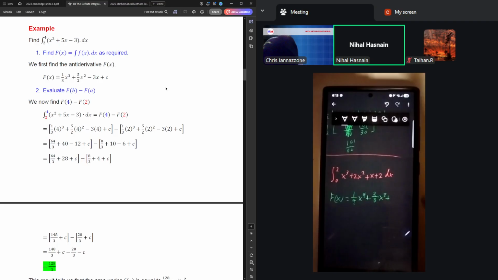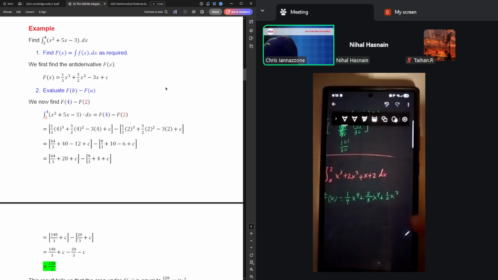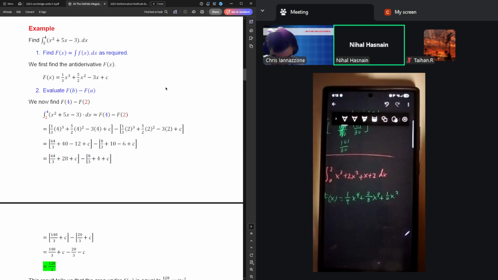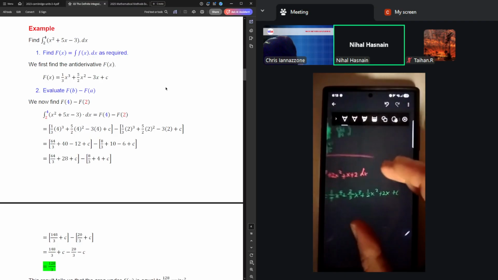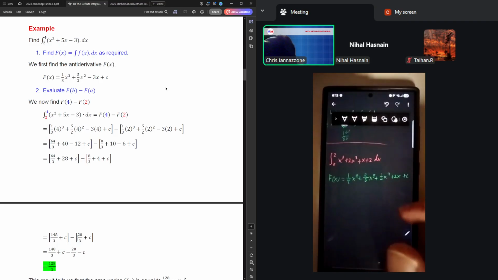The third term, x, becomes x squared over 2. And the last term, that's 2x. And then plus C at the very end. Easy thing to leave off.